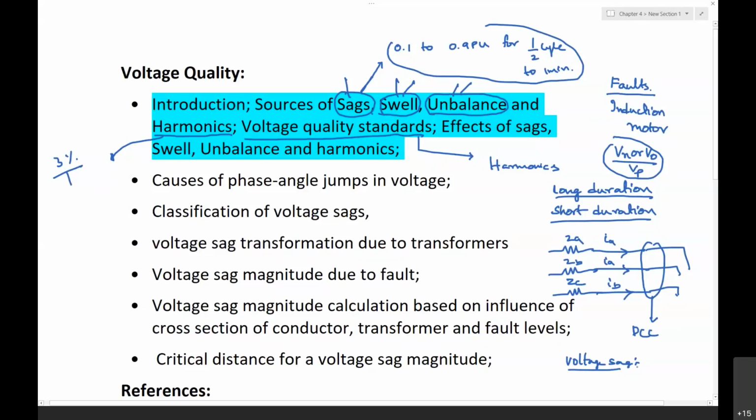Sometimes they perform surgeries with robots also. In that case, if you have a voltage sag, the performance of the robot or the illumination is going to seriously affect human beings also.